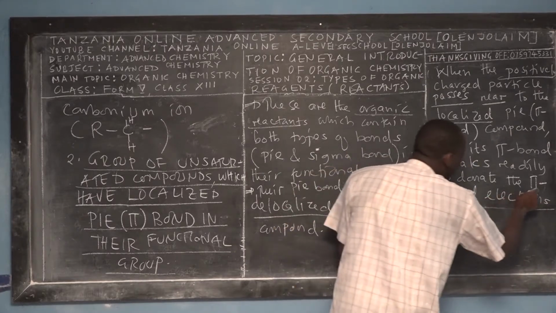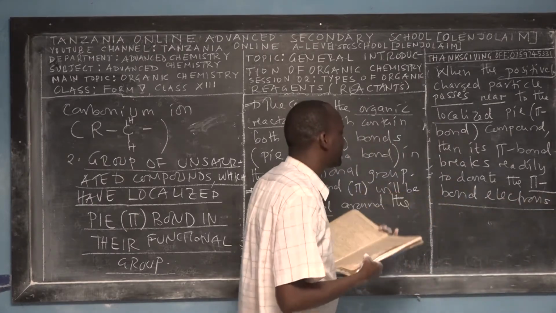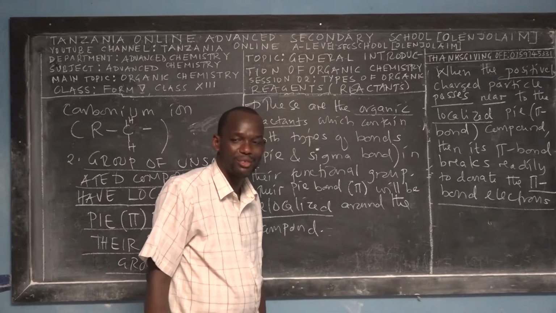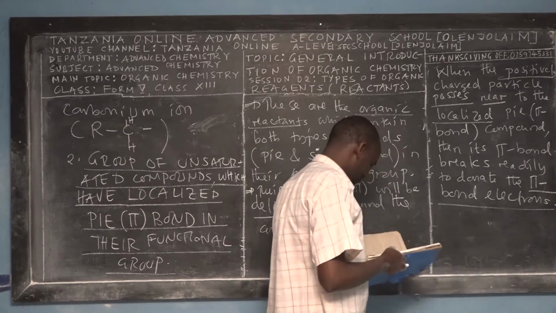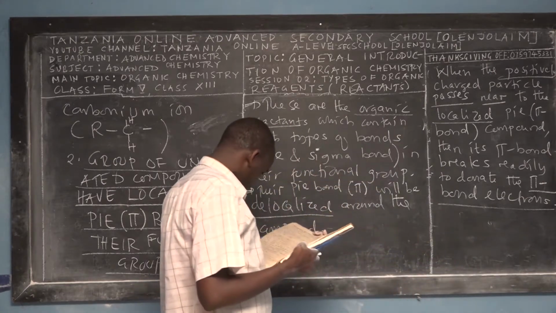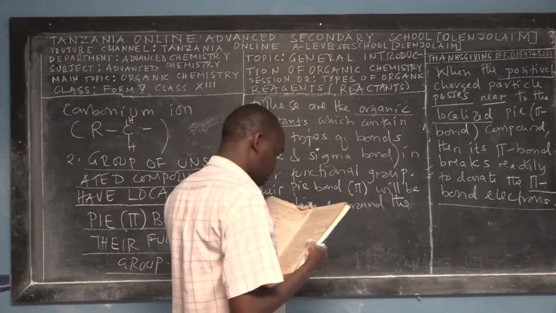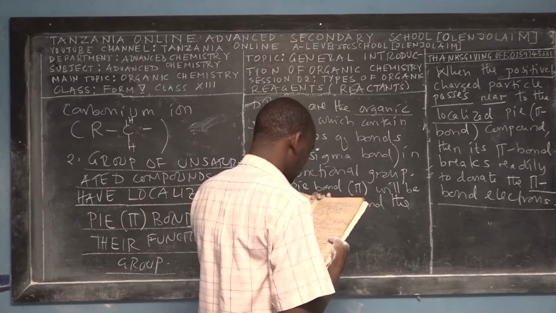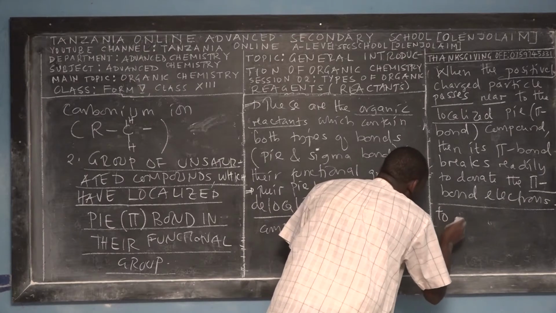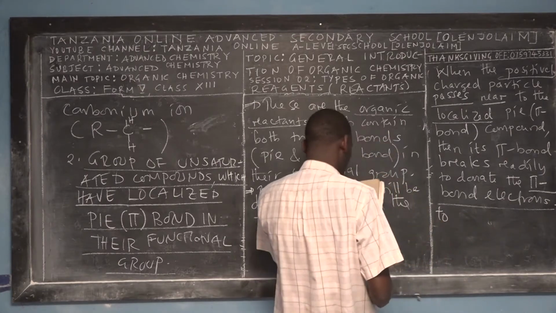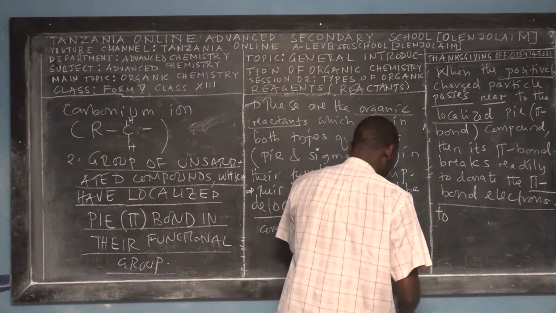So we don't have only core electrons or valence electrons, we also have pi bond electrons. That is good news. Pi bond electrons are donated, released to the electron lover, to the electrophile.